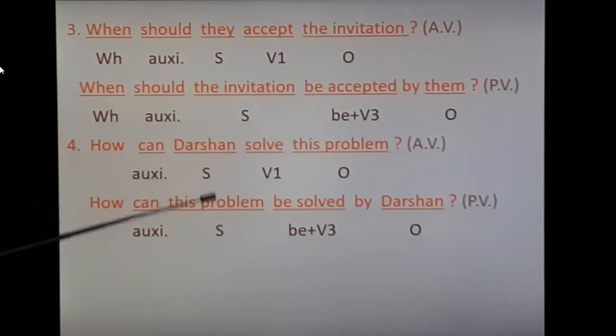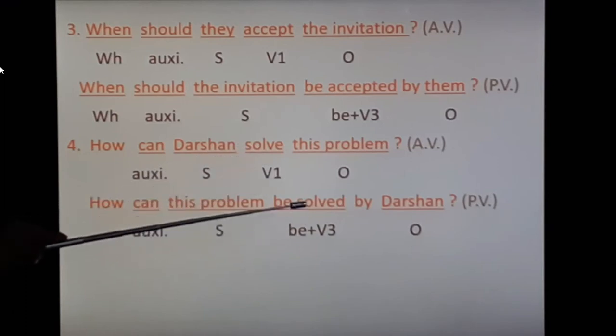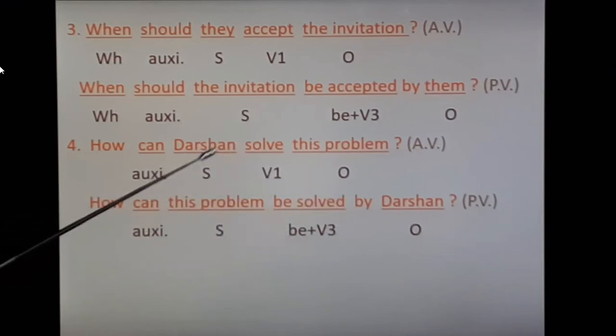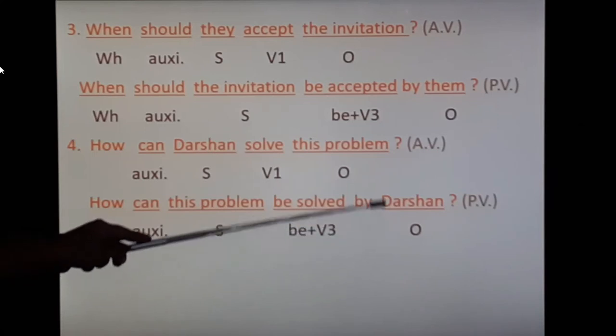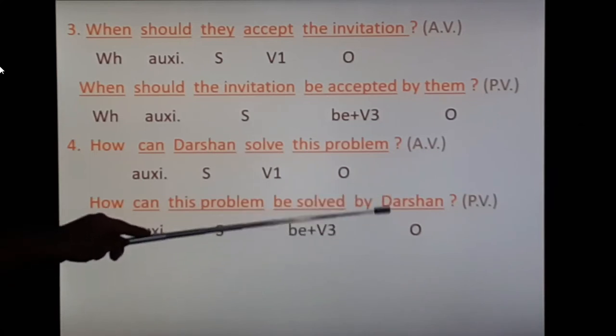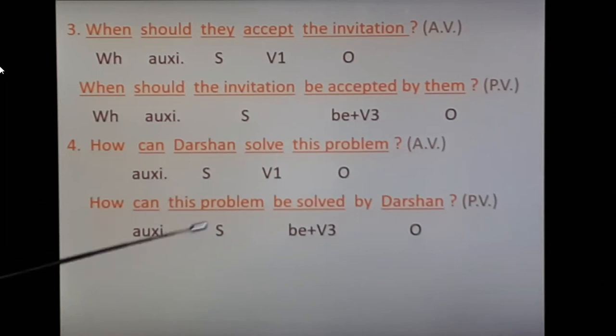So this problem, that is subject, then you have to add be, then V3 form, solved. So this is solved by Darshan. Name is given, so don't change anything. Write the same thing. So Darshan, here also you have to write the name Darshan. Then put question mark. How can this problem be solved by Darshan? This is passive voice.